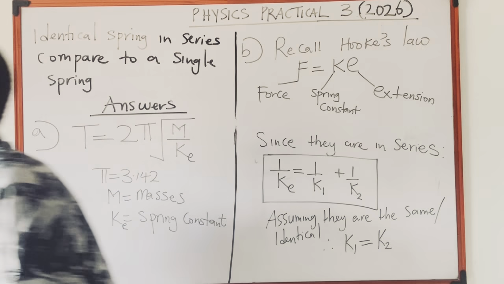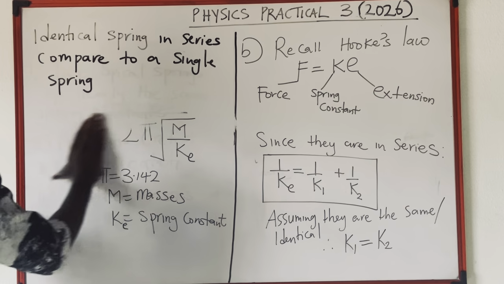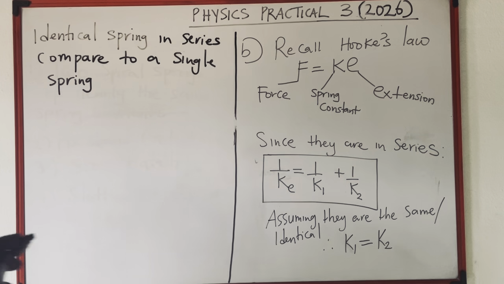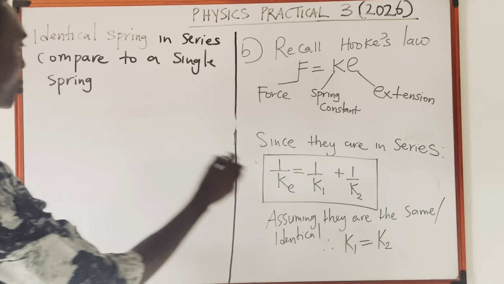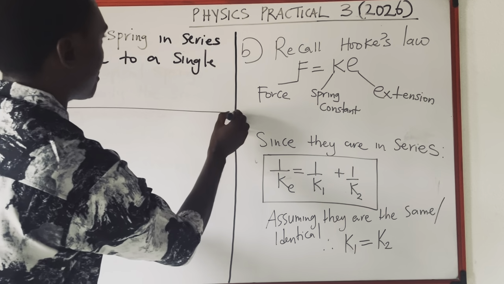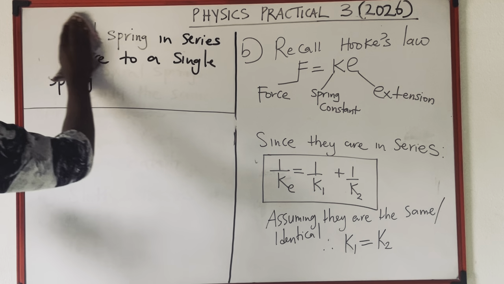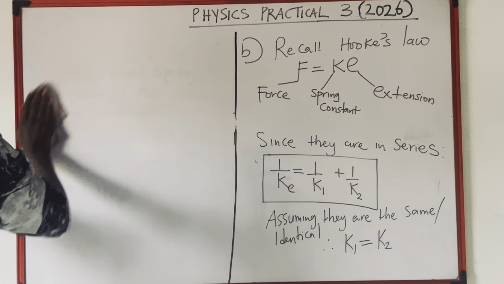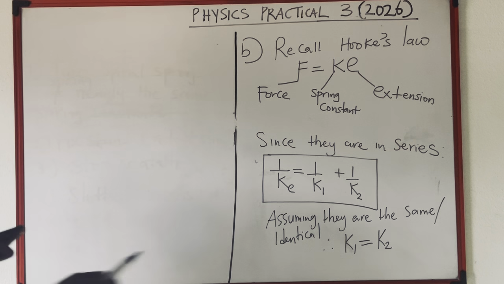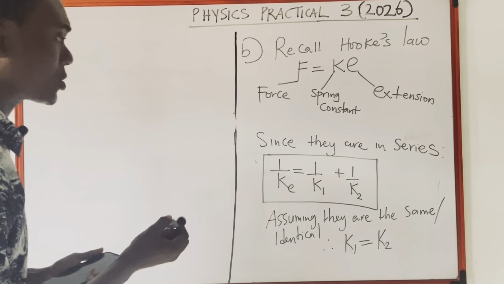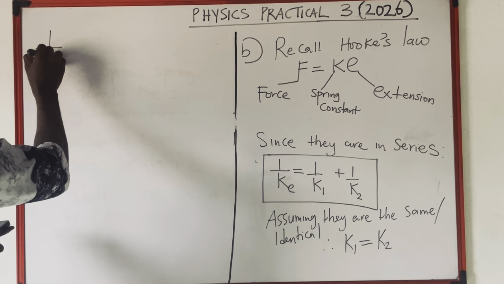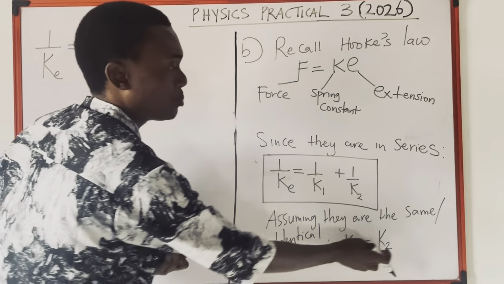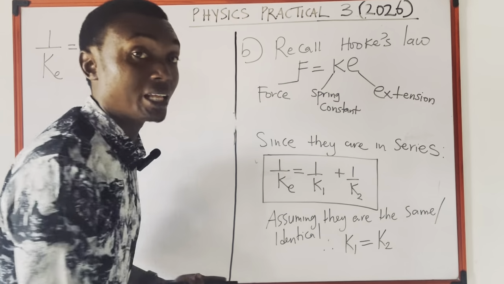So we are still on it. Let's finish it. K1 is equal to K2. So 1 over Ke is equal to, since they are identical, any place you see K1 you put K2, any place you see K2 you put K1, vice versa.